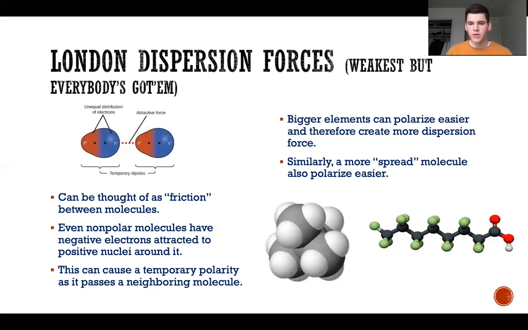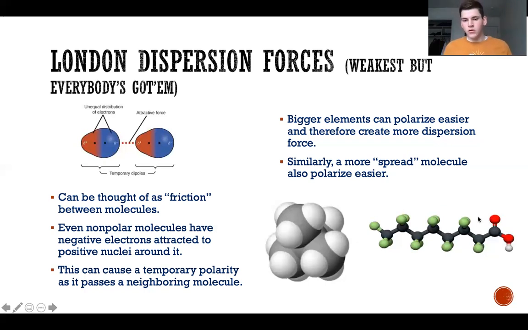A bigger element or a more spread out molecule here will polarize and attract easier than a smaller or clumped molecule. So for example, here, this clumped one has a lot of tetrahedral molecularity to it, so it's a clump of atoms. It's going to be hard to attract to other clumps and other atoms and molecules going around it because it doesn't have too much surface area.